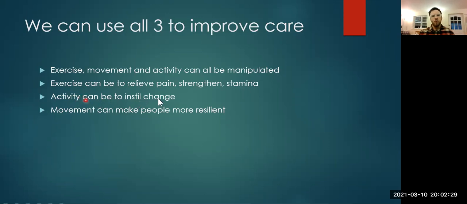So again, walking, of course, is the perfect example. You can release someone's hips, get someone's hips moving a lot better, and then you can get them to walk to keep that change longer than just till the next session.